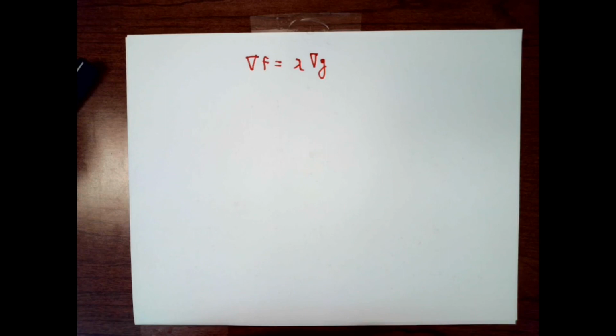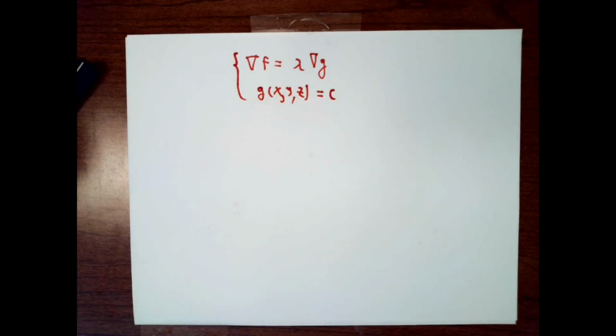The first order differential conditions to have a constrained maximum or minimum, then, are that the gradient of f has to be a multiple, which I'll call lambda, times the gradient of the constraint function. It's important to recognize that this just lines the vectors up correctly. I still have to insist that I'm actually in the surface that I'm interested in being in, though.